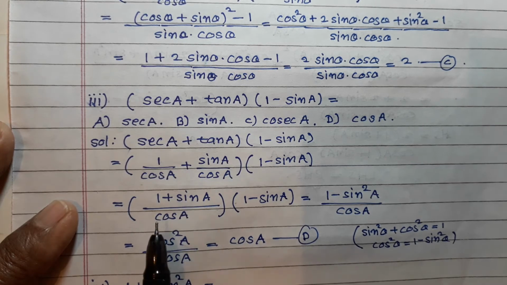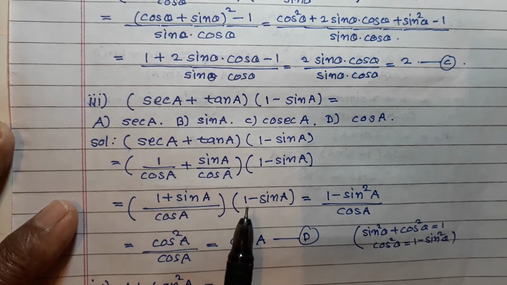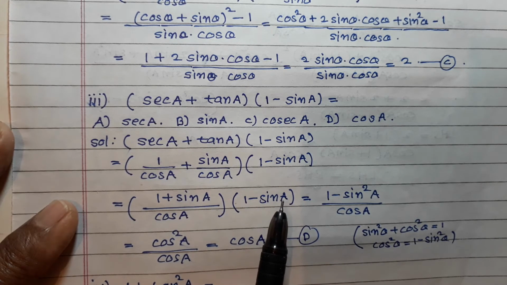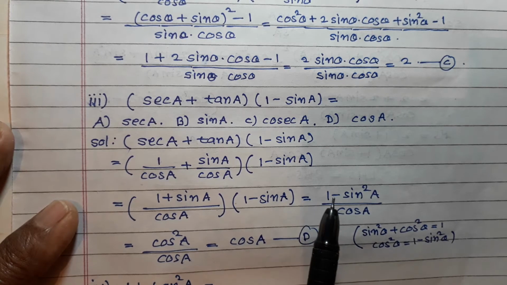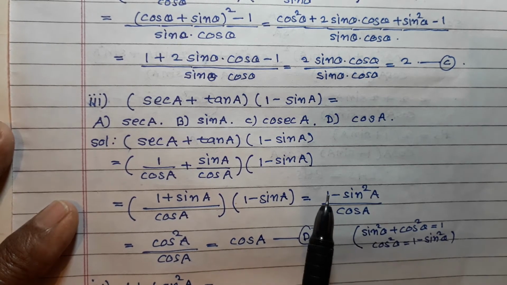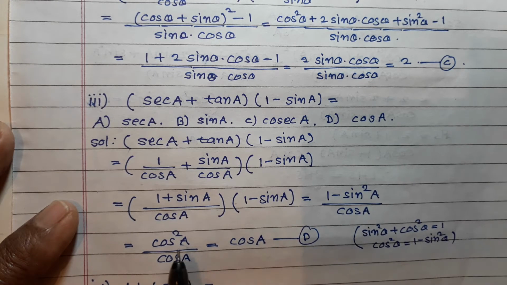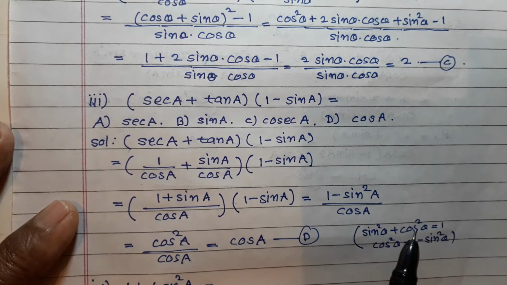So as the denominator is cos A, 1 plus sin A into bracket 1 minus sin A is equal to 1 minus sin square A upon cos A. And again, 1 minus sin square A is equal to cos square A, by the identity sin square theta plus cos square theta is equal to 1, and therefore cos square theta is equal to 1 minus sin square theta.